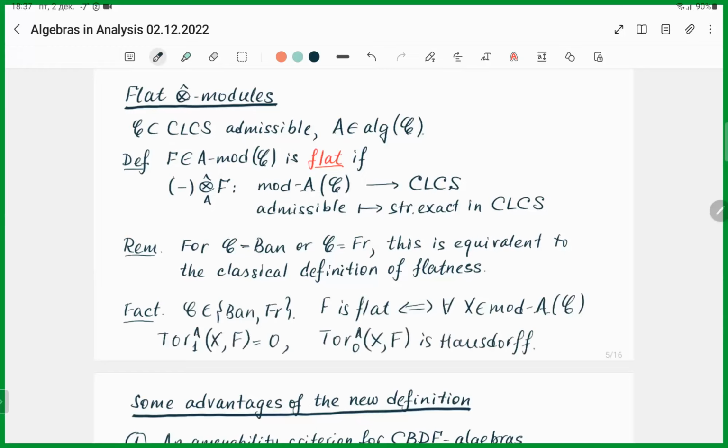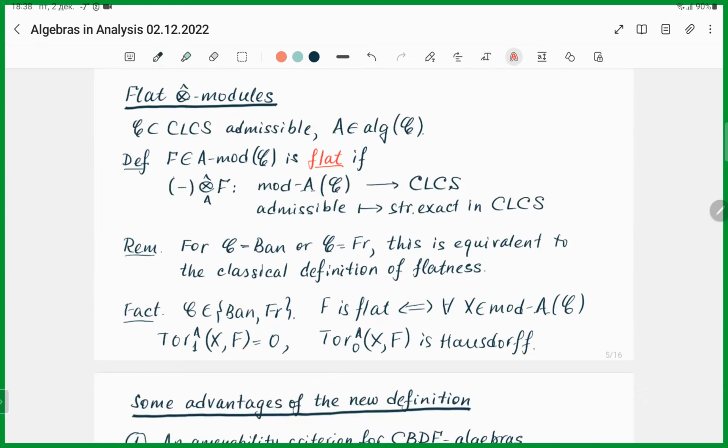So this is one of the classical results about flat Banach modules due to Alexander Pirkovskii. By the way, it is similar to the well-known characterization of flat modules in the pure algebraic context. So in the pure algebraic context, a module F over an arbitrary ring is flat if and only if Tor1 vanishes. But in the context of Banach modules and in the context of Fréchet modules, we must also require that Tor0 is Hausdorff.